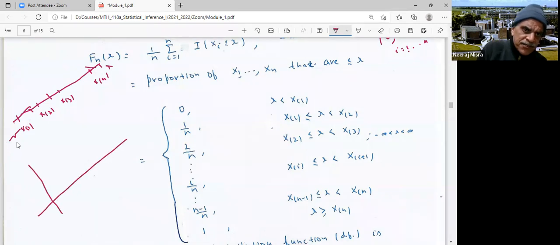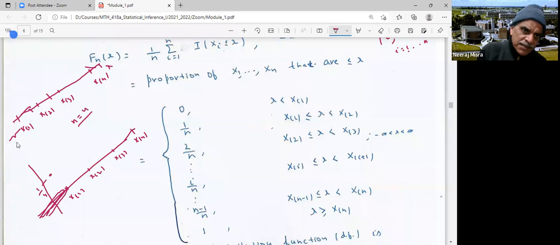So if I take n equal to 4, for example, I have X_1 over here, X_2 over here, X_3 over here, and X_4 over here. For x less than X_1, this is 0. For x between X_1 and X_2, it is 1 by 4.